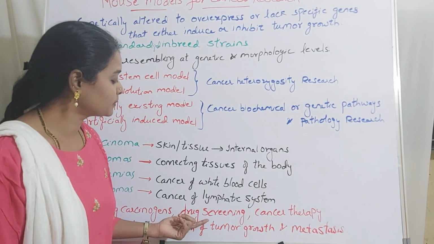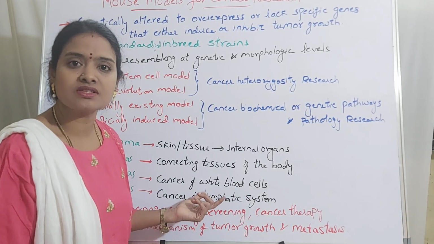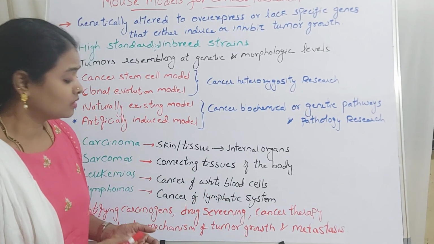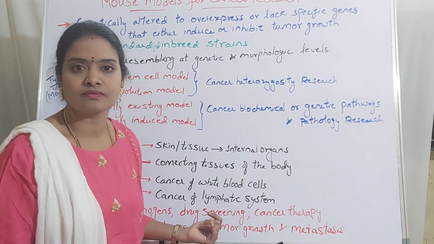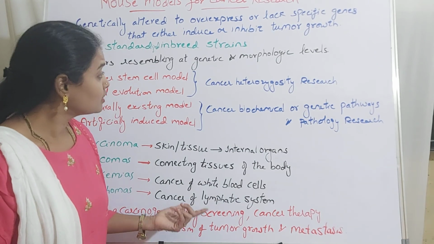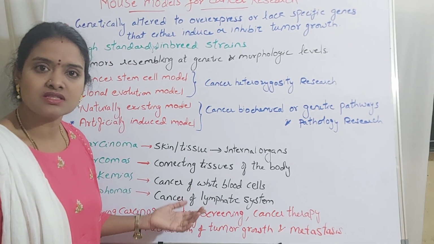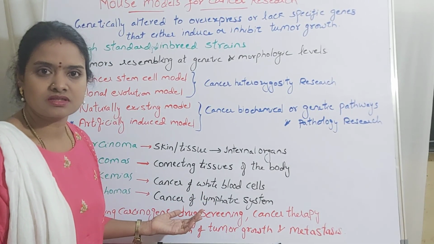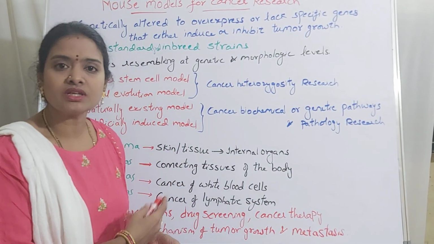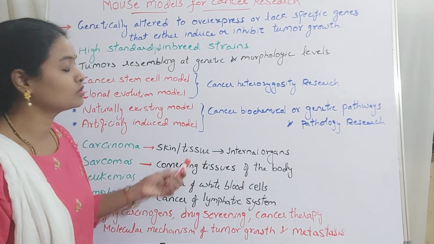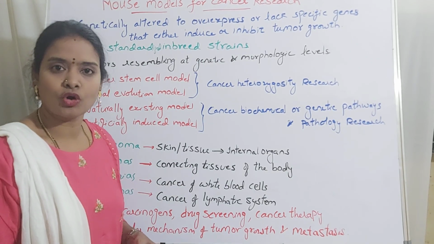Johns Hopkins University was 100% successful in curing brain cancer in mouse, right? So like that they are testing, so that they act as preclinical trials, right? Before using that on the human, they are making use of these cancer models.